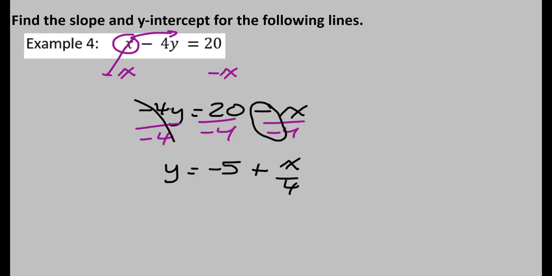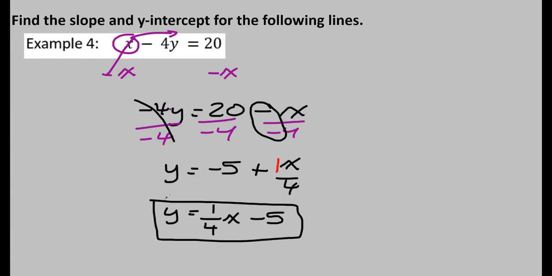So if you remember, the number, if x doesn't have anything, is actually 1. So if I were to rewrite this to look like y equals mx plus b, the x needs to go first, but I could write it as 1 over 4x minus 5. And this is my rearranged equation. So therefore, the slope is 1 over 4, and the b value is negative 5.